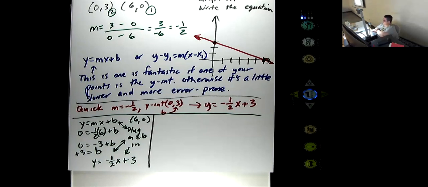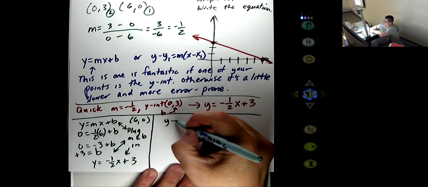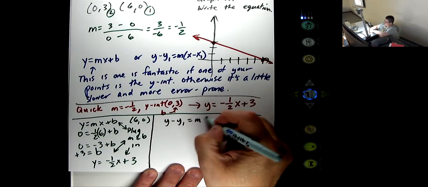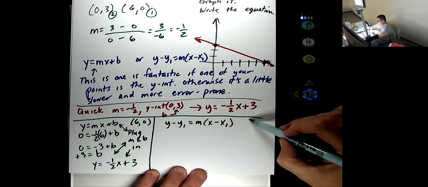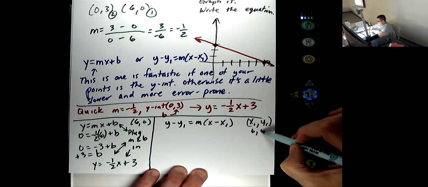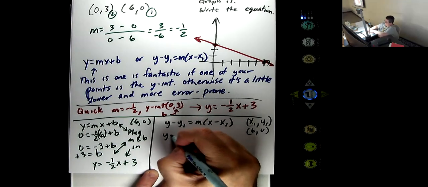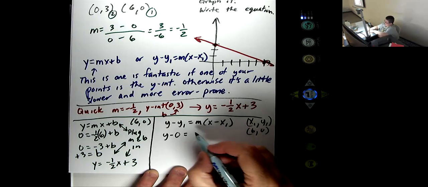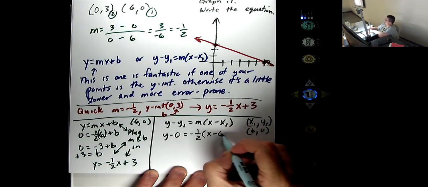The other equation, y minus y1 equals m times x minus x1. I'm going to say my x1 and my y1 is the 6 and the 0. So I have y minus 0 equals -1/2 times x minus 6.